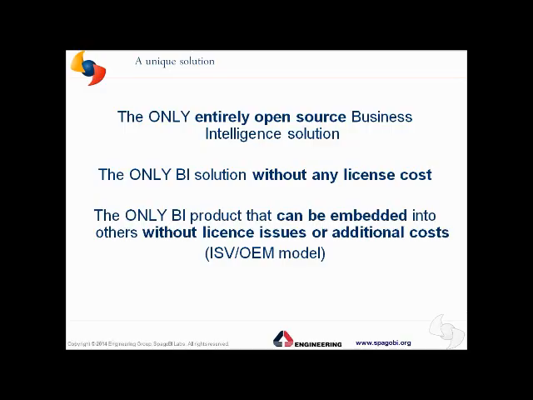We have one stable version. It is the one you can find on the Forge, and you can download it freely. You can download and use SpagoBI, any functionality, any engine, without having to pay any costs associated to license, any cost associated to the product itself. You can use it freely, and this is true.